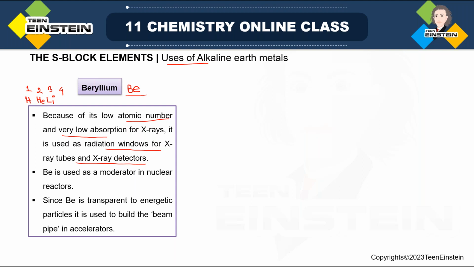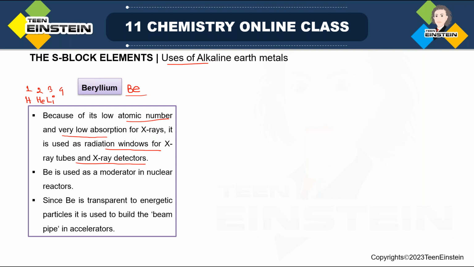So we want the X-ray tube, the detector or the radiation windows through which the X-rays will pass to not have much interaction with the material from which we have made these detectors. So detectors and X-ray tubes should be made of a material with very low interaction with X-rays, and that is possible with beryllium.